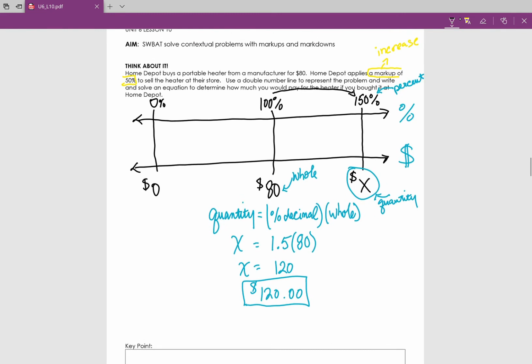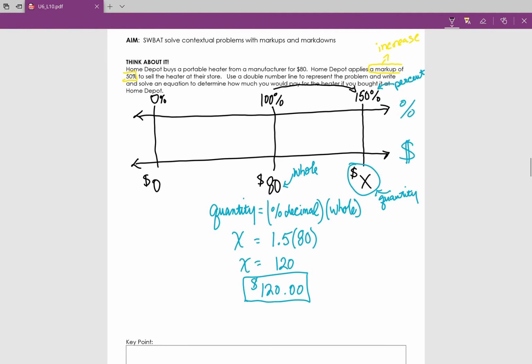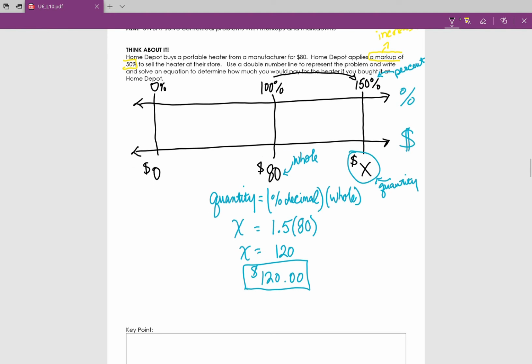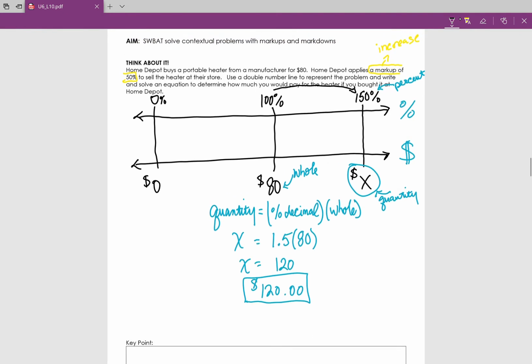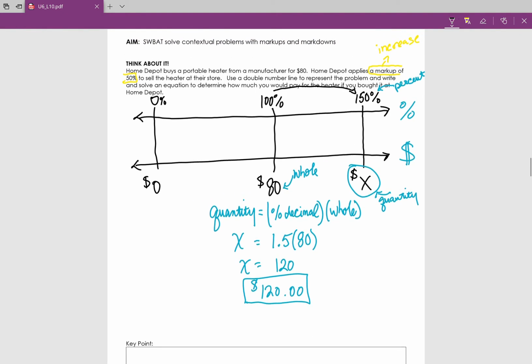We really want to know what a markup and a markdown are doing. What does a markup do to a price? It increases it. What does a markdown do to a price? It decreases it. A markup and a markdown represent a percent change. And what do we do with a percent change?